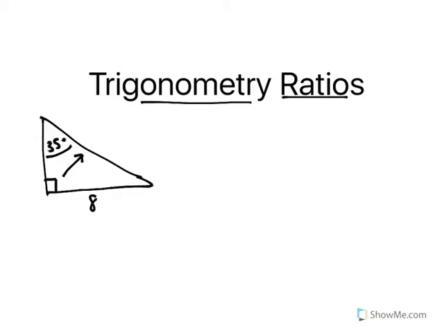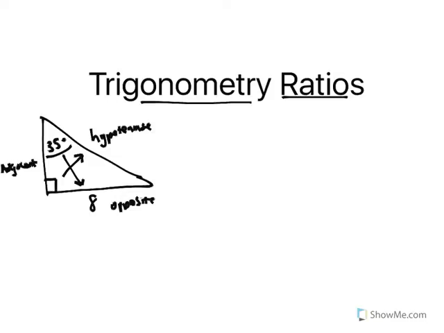In all triangles, the side across from the 90-degree angle is called the hypotenuse. The side across from the angle we're referencing is called the opposite side. And the adjacent side is the side right next to the reference angle.